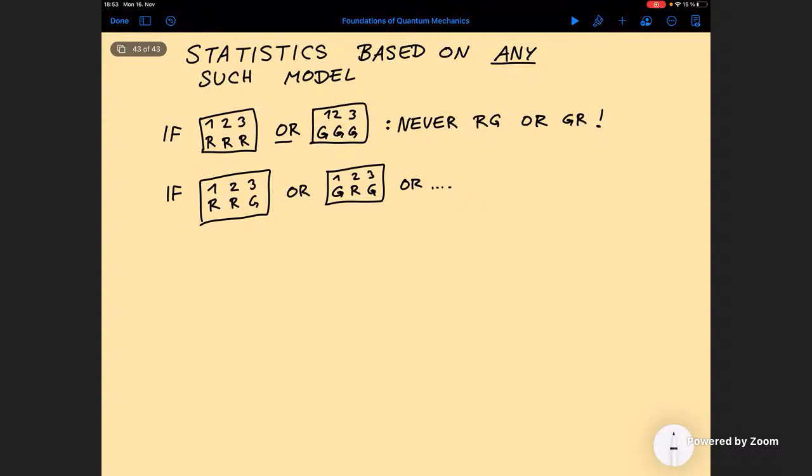So now you can ask, if I have only objects of this type, only tables of this type coming out of my source, and I choose my settings randomly, because this was one of the experiments we wanted to do, what will be the outcome?